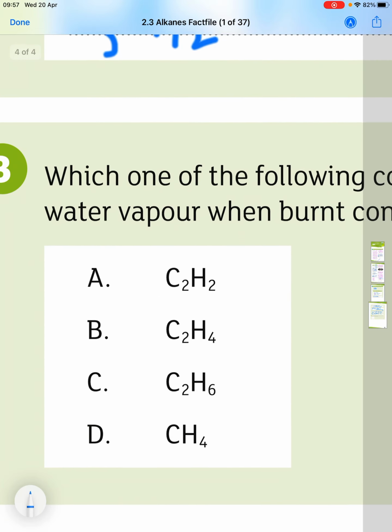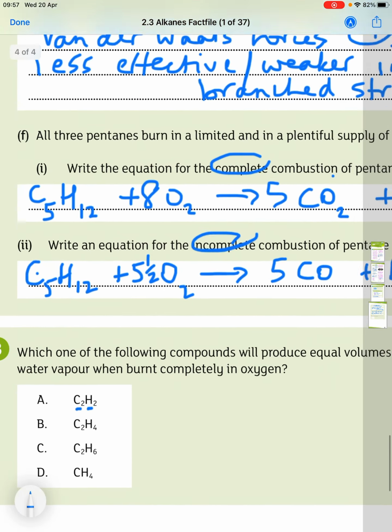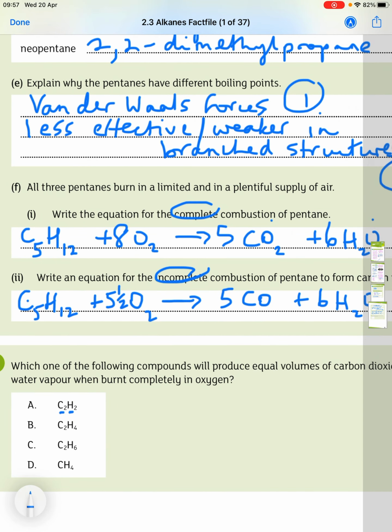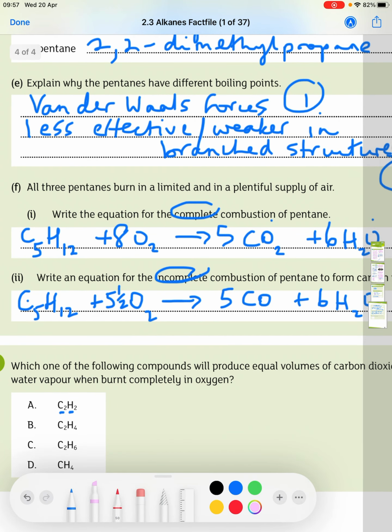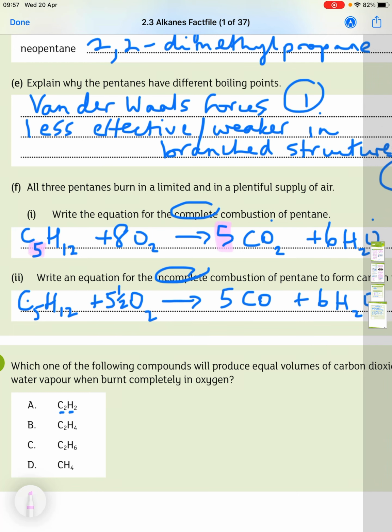So which one of the following compounds will produce equal volumes of carbon dioxide and water vapour when burnt completely in oxygen? We want to look at the number of carbons and hydrogens in each one. We've seen in these equations that the number of carbons and the number of hydrogens is just going to be the same as in the compound.